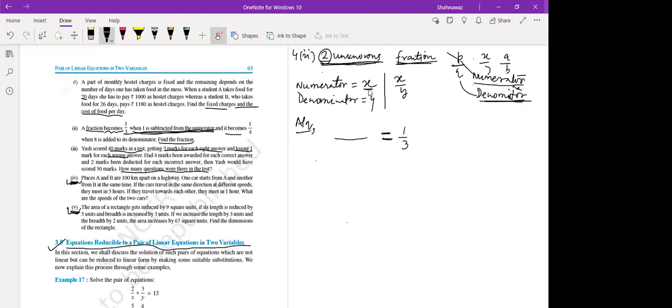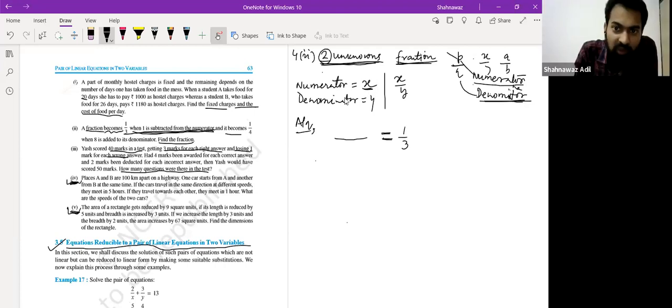So you subtract 1 from the numerator, right? So what will that be? You have numerator x and you subtract 1 from it. So let's say you have 3 as numerator and you subtract 1 from it. So you do 3 minus 1, right? So similarly, you have numerator x and you subtract 1 from it. So what would that be?